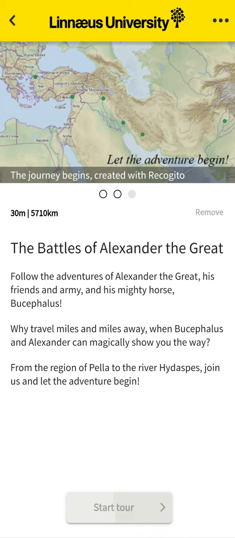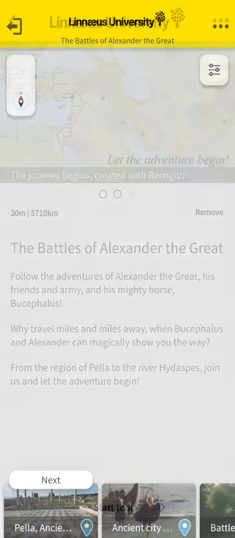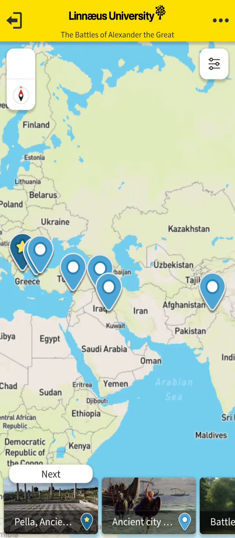The Pella, to indicate the start of the journey, the birthplace of Alexander. The next stop is Troy, which is going to appear right after this tour starts. The first stop is Pella, which is the starting point of Alexander the Great and his birthplace.